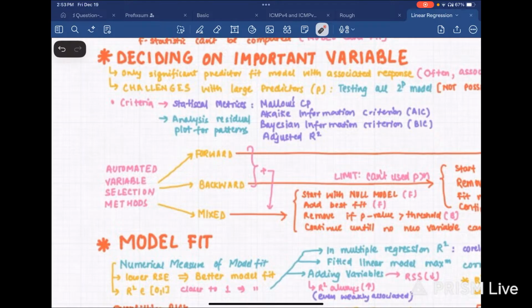There are different kinds of methods we have: the forward method, the backward method, and the mixed method.